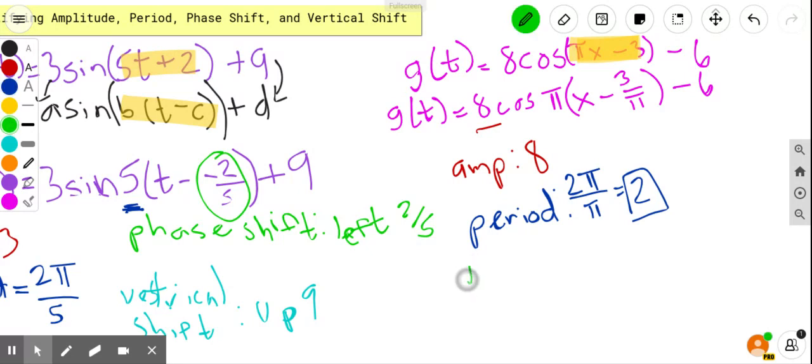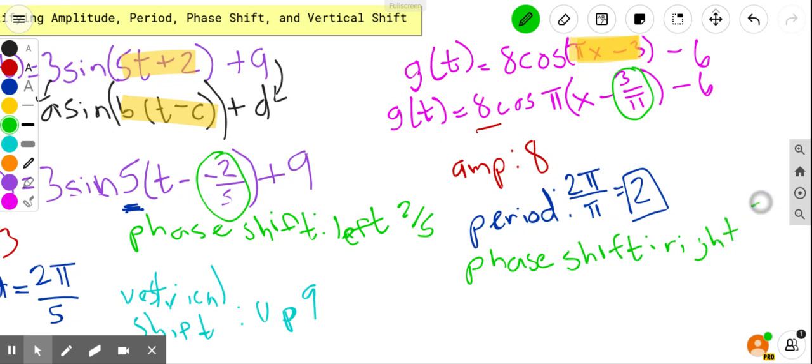The phase shift. See, in my head I thought, man, that looks really nice. Played myself. I'm subtracting this quantity. So that means I'm moving right 3 over pi units.